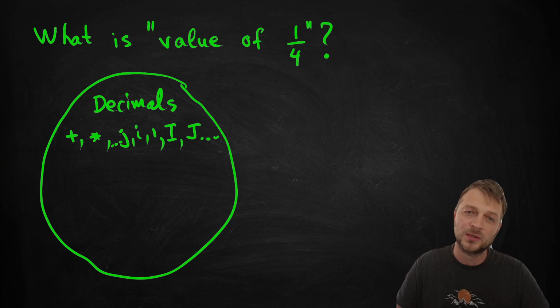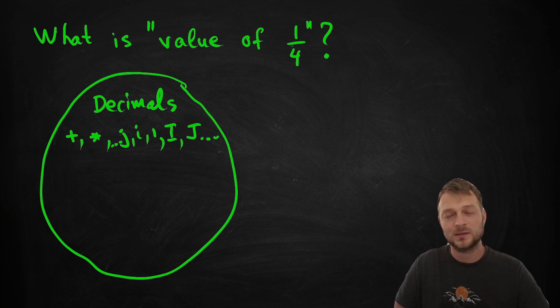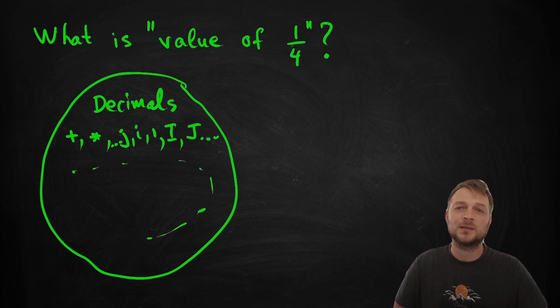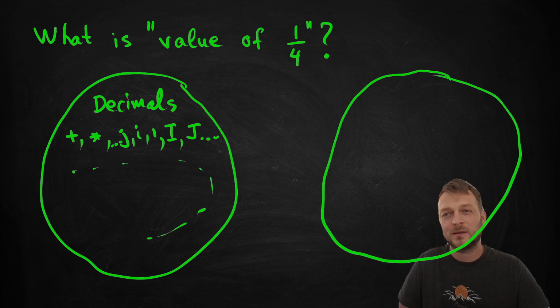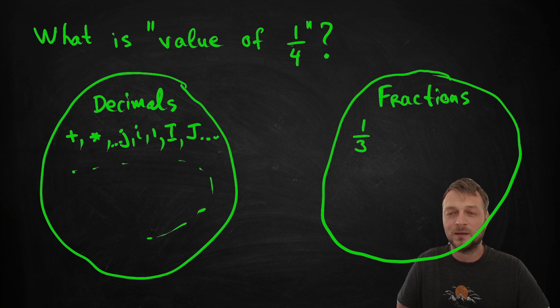So we have these special symbols, and we have special objects here, like linear combinations of these symbols. So here we have one space. On the other side we have a space of fractions, common fractions, or just fractions. This space is full of numbers like these objects, and it also has its own rules of addition and multiplication.